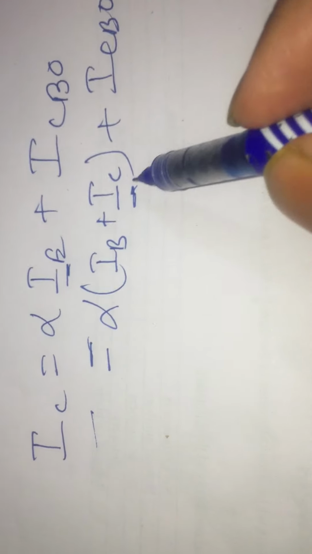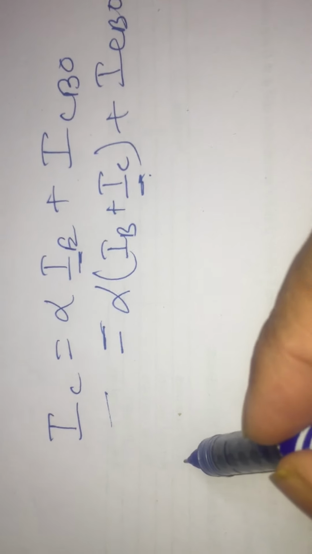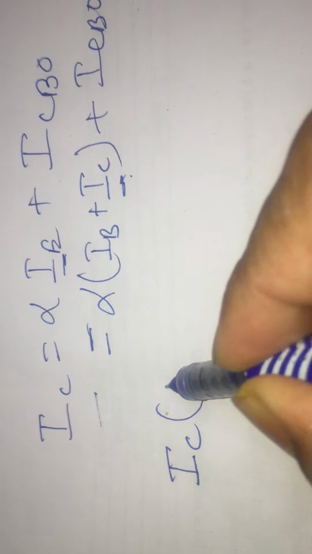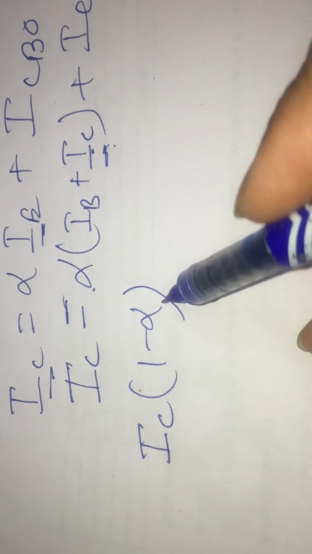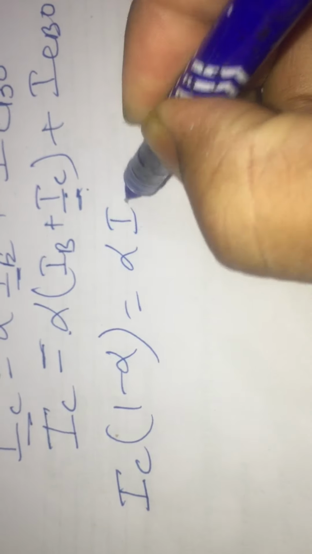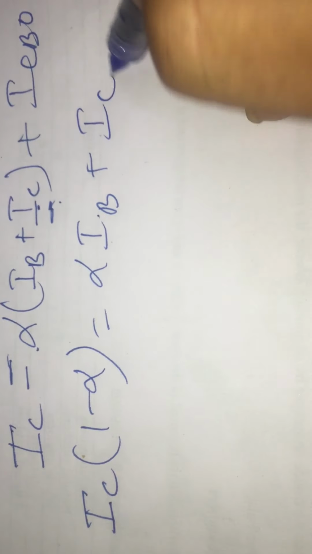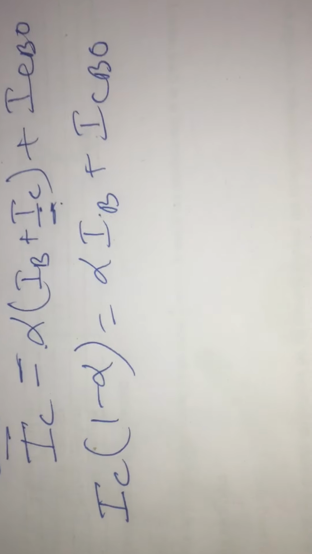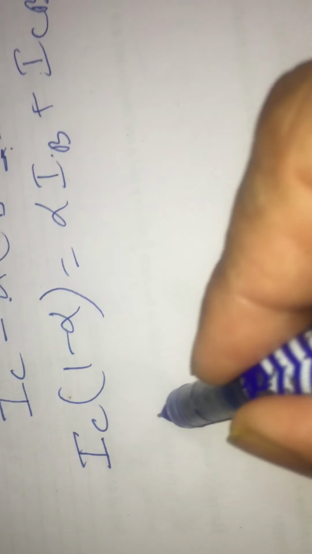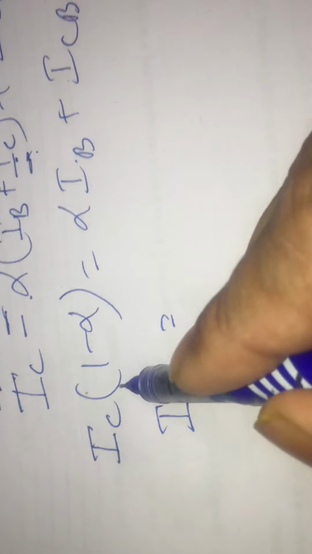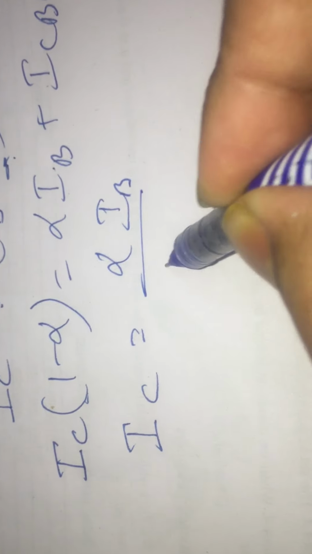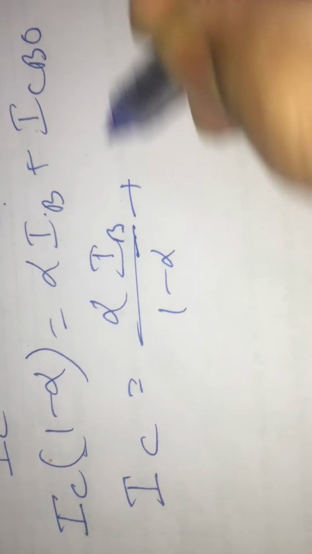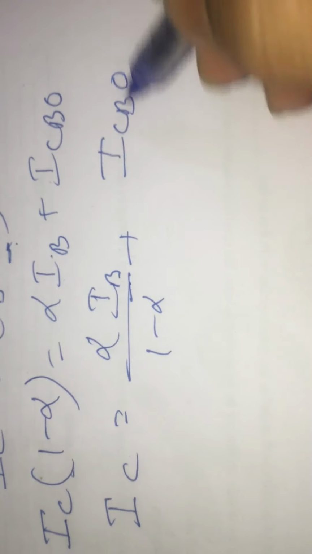Taking this alpha IC to the other side, it becomes IC times (1 minus alpha) equal to alpha IB plus ICBO. Is it clear? Now again, IC equals alpha IB upon 1 minus alpha plus ICBO upon 1 minus alpha.